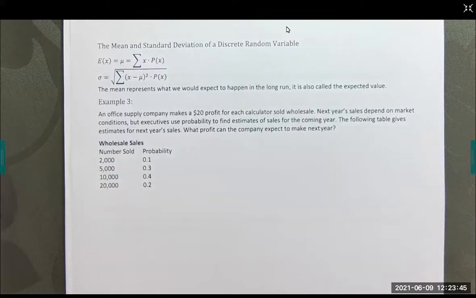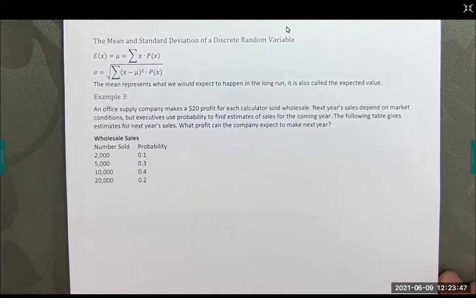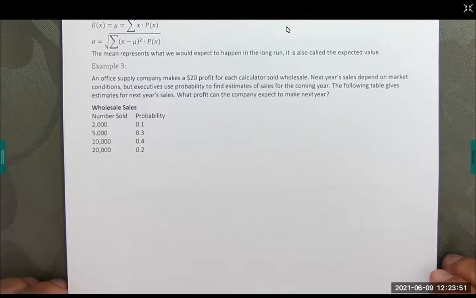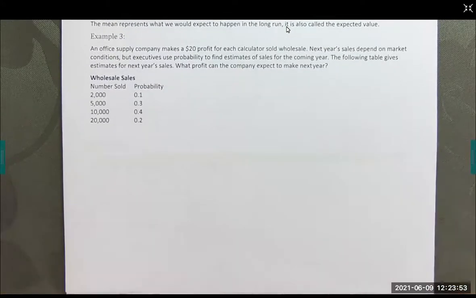All right, so let's do another example. An office supply company makes a $20 profit for each calculator sold wholesale. Next year's sales depend on market conditions, but executives use probability to find estimates for sales for the coming year. The following table gives estimates for next year's sales. What profit can the company expect to make next year?